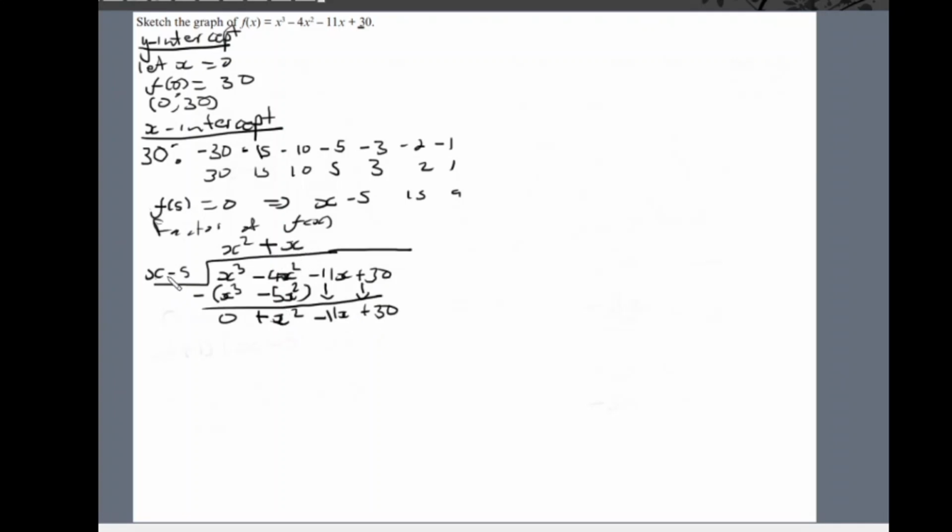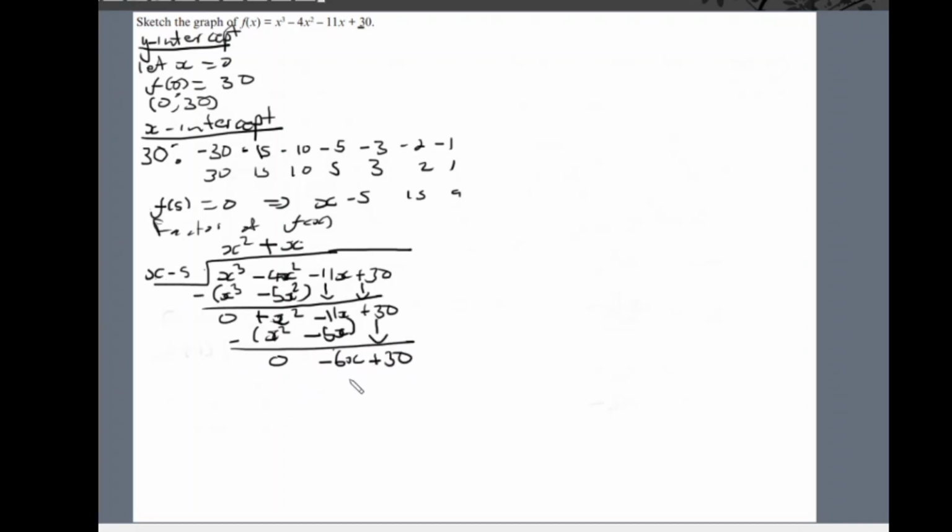And then I say x minus 5 times x, I'll get x squared minus 5x, right? And then I subtract: x squared minus x squared is 0, minus 11x plus 5x will be minus 6x, and then I bring down 30, right?